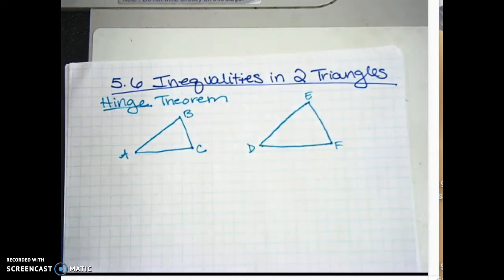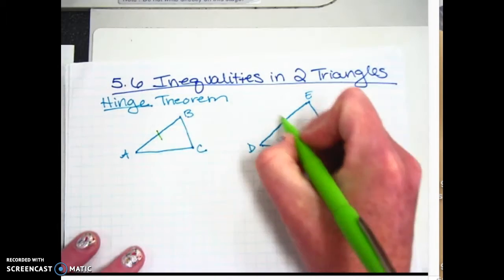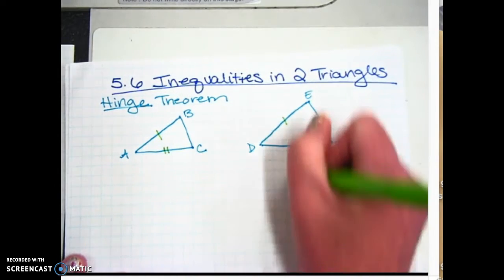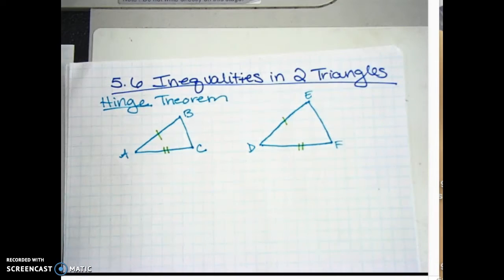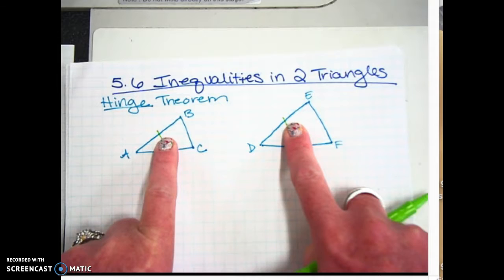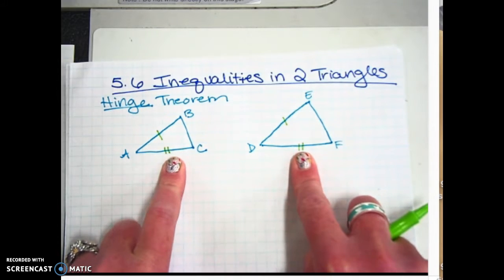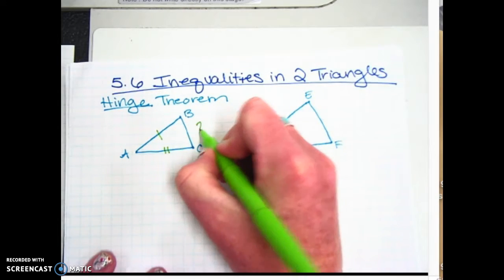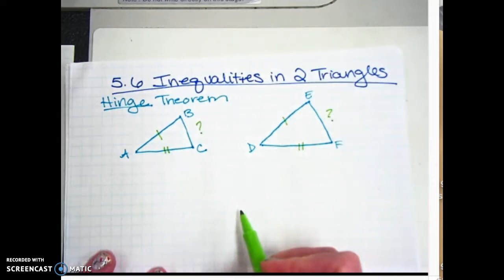So the Hinge Theorem basically says that if side AB is congruent to side DE, so those two sides are congruent, and then a second pair of sides are congruent, so we'll double tick AC and we'll double tick DF, then the third side is going to be dependent on their opposite angles.